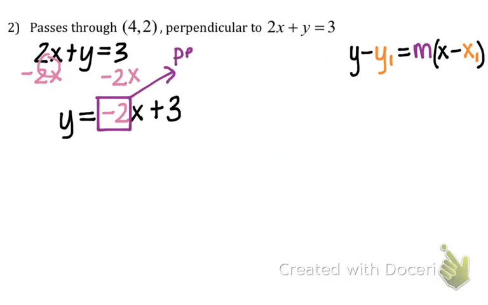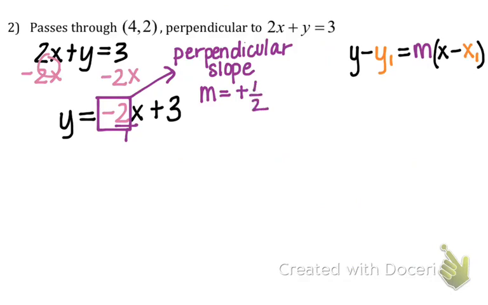So that means that my perpendicular slope will be a positive because the original was negative, and now I need the reciprocal of 2, which is 1/2. So my slope is positive 1/2, and my point, as I labeled, will be the coordinate 4, 2, as I labeled x1 and y1.